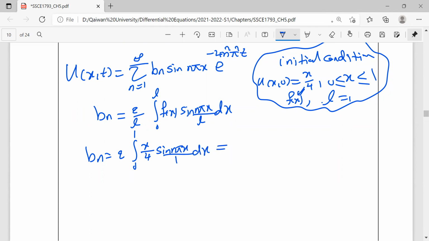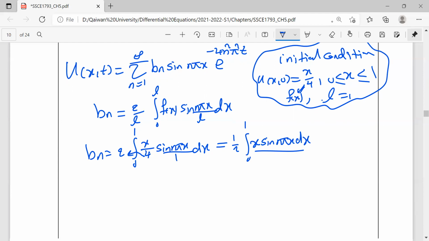And this equals, here we take this 4 out of the integration, we get 2 over 4, which is 1 over 2. The integration from 0 to 1 for x times sine n pi x over L, which is 1, dx. Now we have multiplication of two functions, which is x times sine x. We can use the short method of integration by parts to get the result.